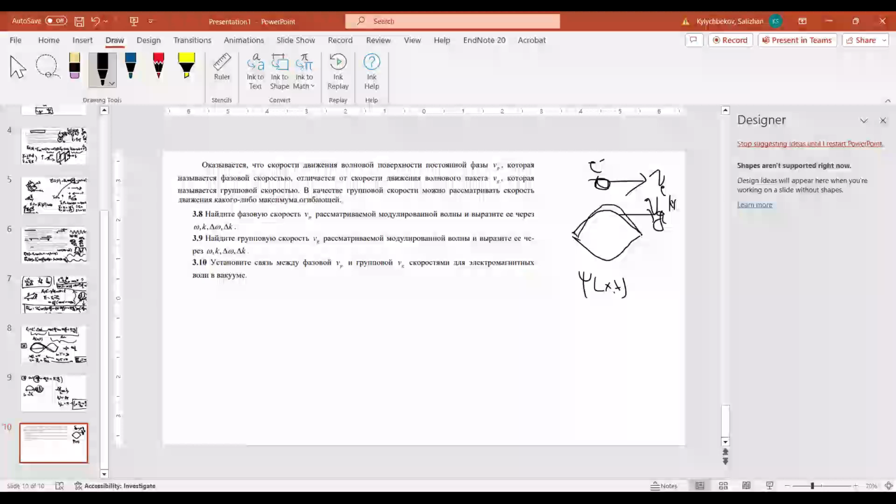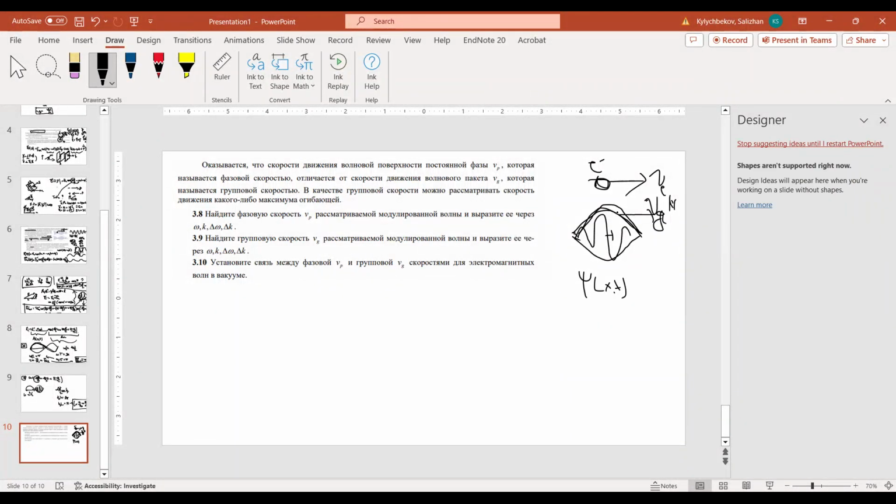All wavelengths are de Broglie wavelengths, да. The same thing, electromagnetic wave: inside there is a fast moving thing, and outside there is slowly moving V group. This is V phase. The other one is V group, да?